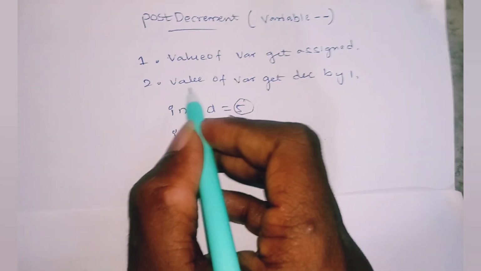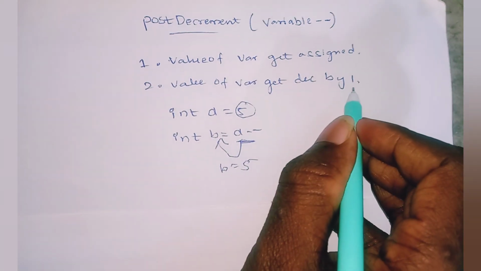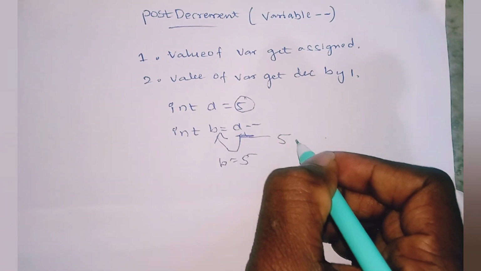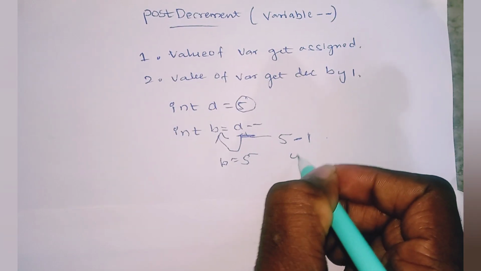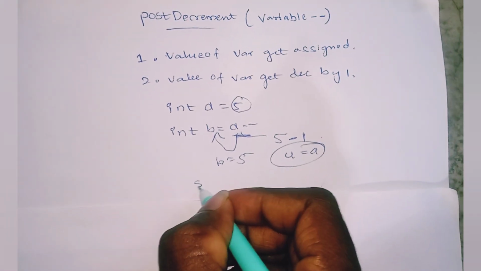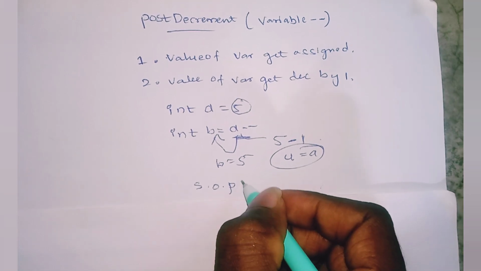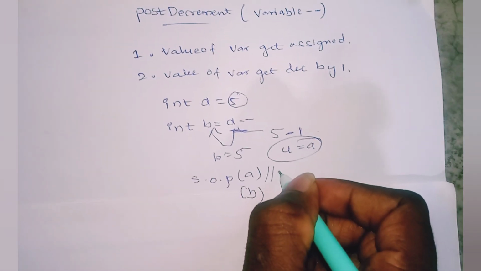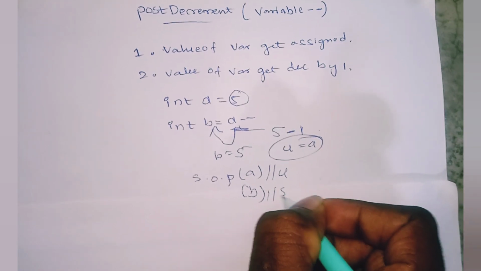And the next step is the value of a variable gets decremented by 1. So a value is 5, it gets decremented by 1, that is 5 minus 1, that becomes 4. Now a value becomes 4. Now if you try to print a value and b value, a gives output 4 and b gives output 5.